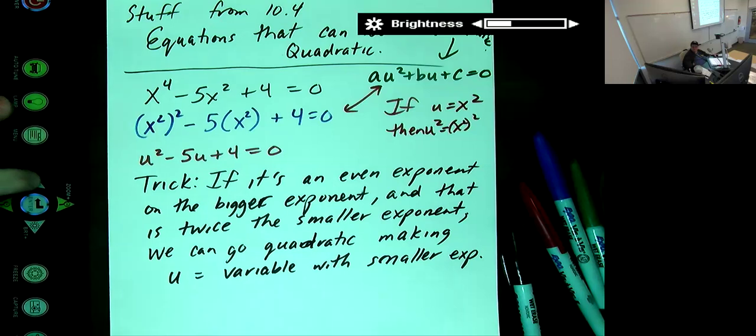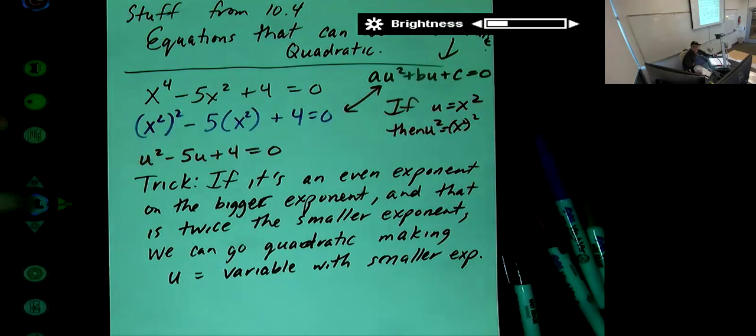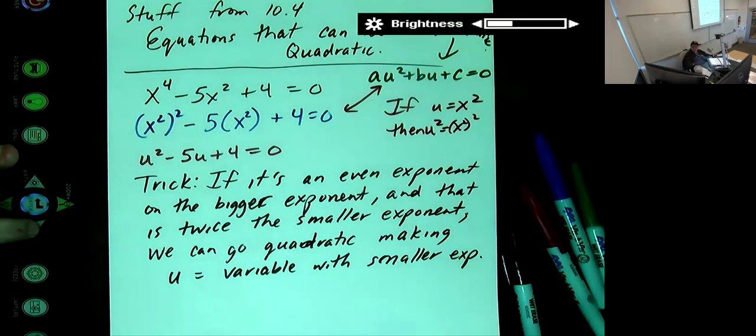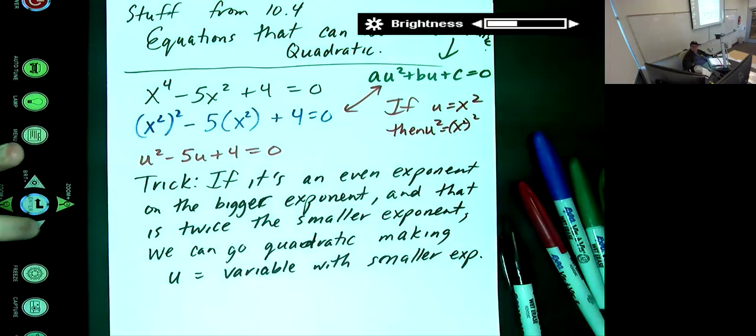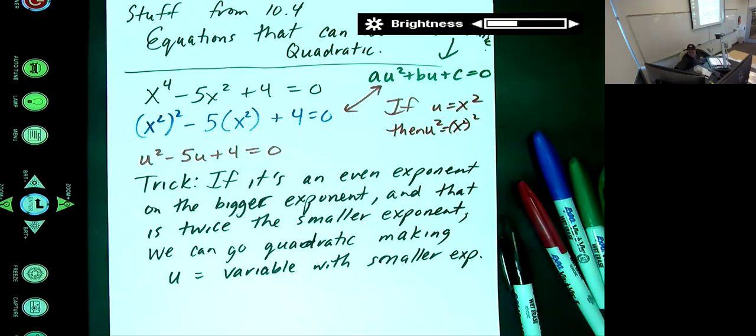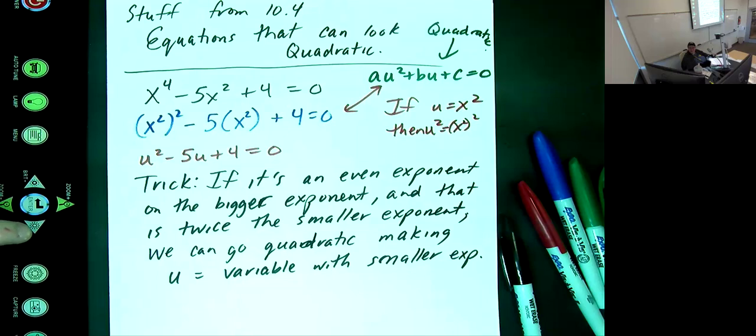No. Okay, let's raise the brightness. That help? Okay.